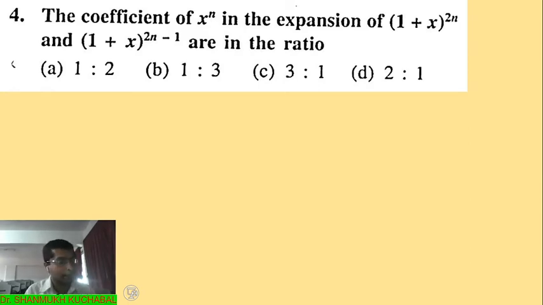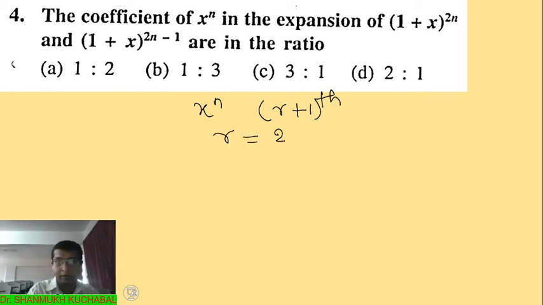Okay, next example number 4, the coefficient of x raised to n in the expansion of (1 plus x) raised to 2n and (1 plus x) raised to 2n minus 1 are in the ratio. So we have to find that. Once again, we will take x raised to n, and it is defined for the r plus 1th term, and in the formula for r we have to substitute.